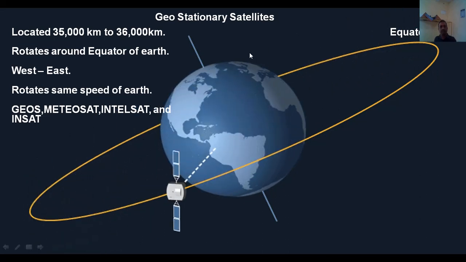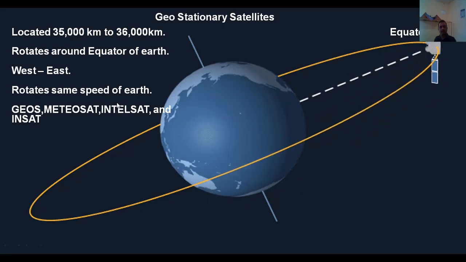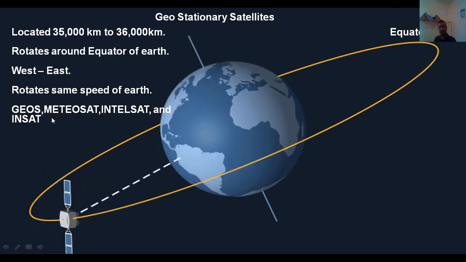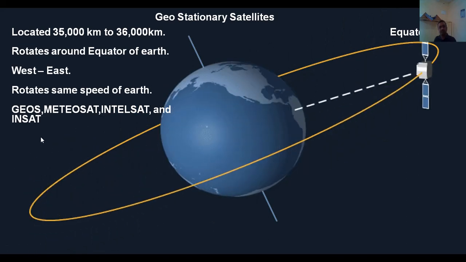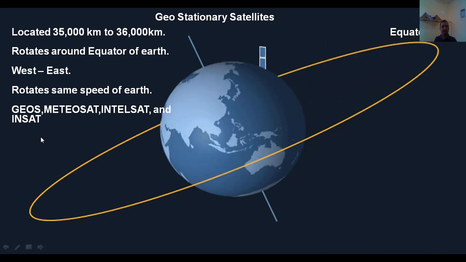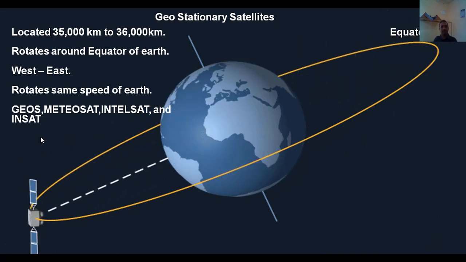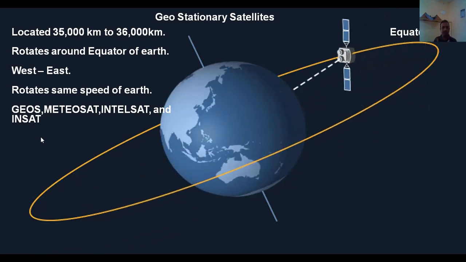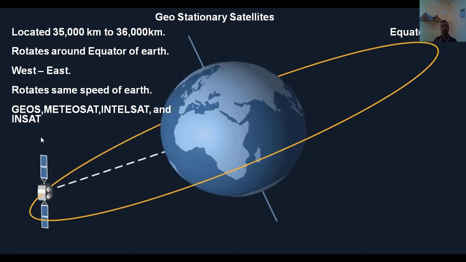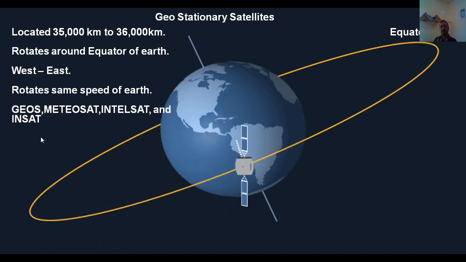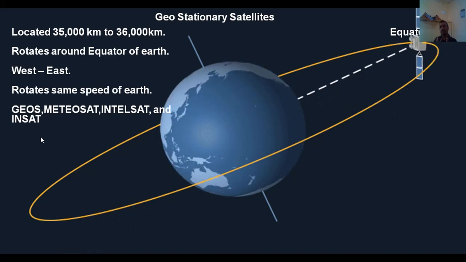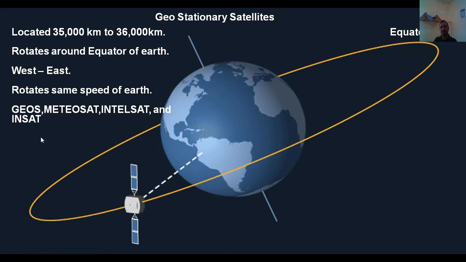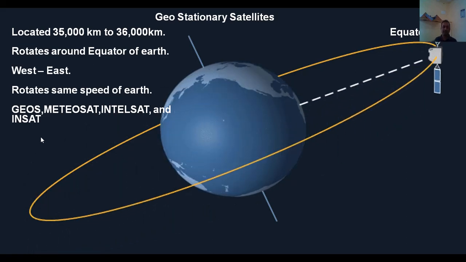Communication satellites and weather monitoring satellites are always passing through this orbit: GOES, Meteosat, INSAT, Intelsat. So, this is the geostationary orbit. Geostationary orbit means the satellite is constantly monitoring one place. It always rotates with the speed of the earth, that is called geostationary orbit.